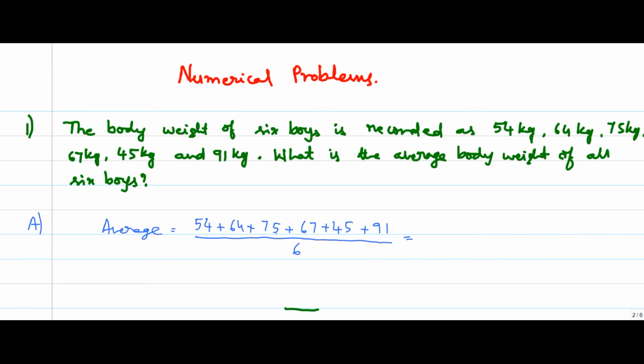Adding them up, we get 396 by 6, which is equal to 66. So 66 kg is the average weight of all these 6 boys.